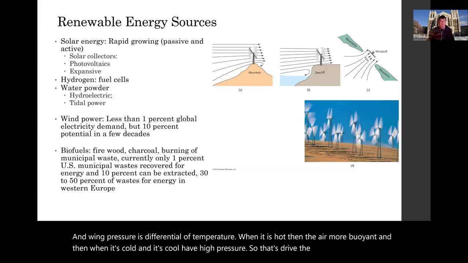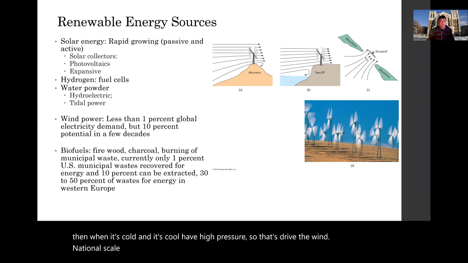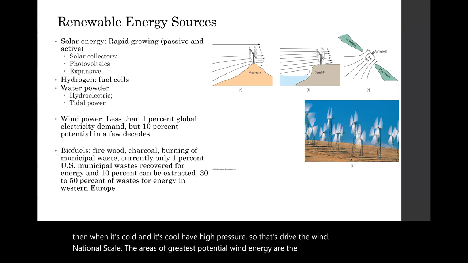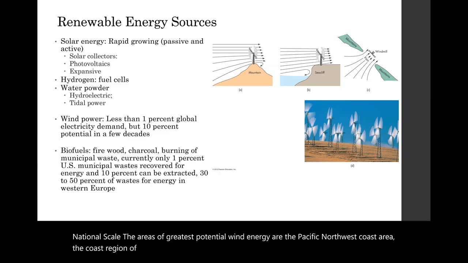On a national scale, the areas of greatest potential wind energy are the Pacific Northwest coast, the coast region of the northeastern United States, the belt extending from northern Texas through the Rocky Mountains, and also Indiana and Illinois. Those are good sites.